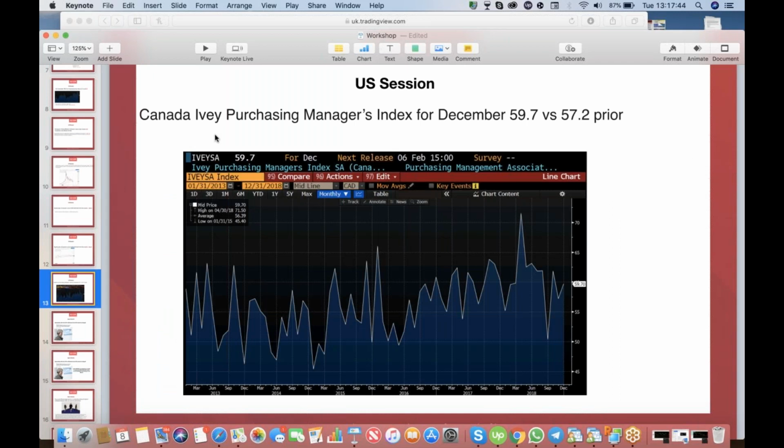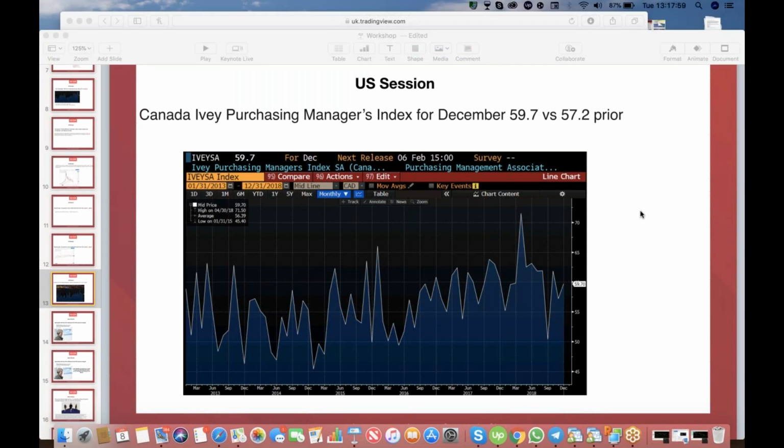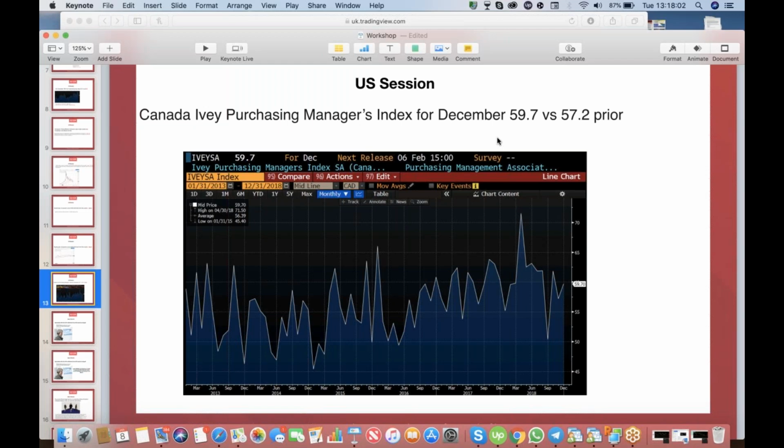We also had Canada's IVEY Purchasing Manager Index for December. That came out increased at 59.7 versus 57.2. The Purchasing Managers Index basically provides really good information on a country's manufacturing sector.